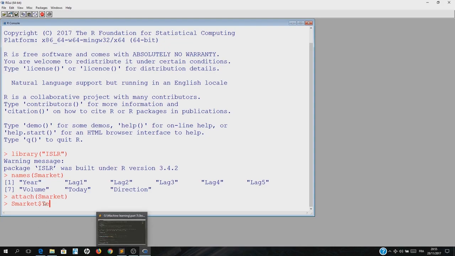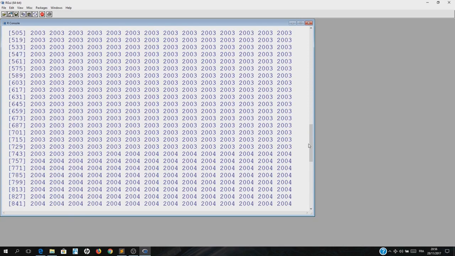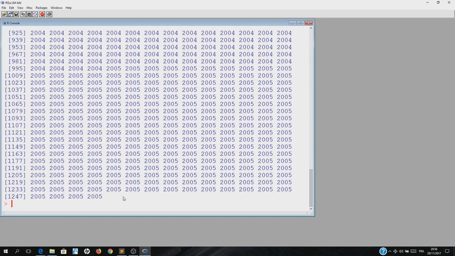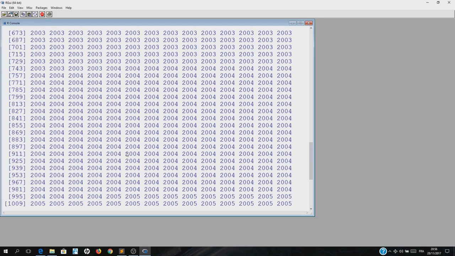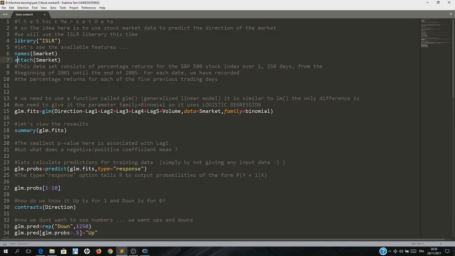But since we did attach now, we can just write year without any SMarket and dollar signs to get the year. You see, we got the years. So we have the years from 2001 until 2005. Great.